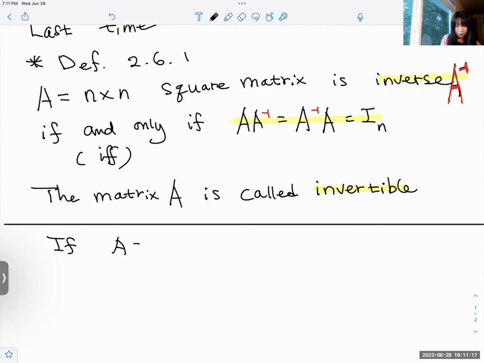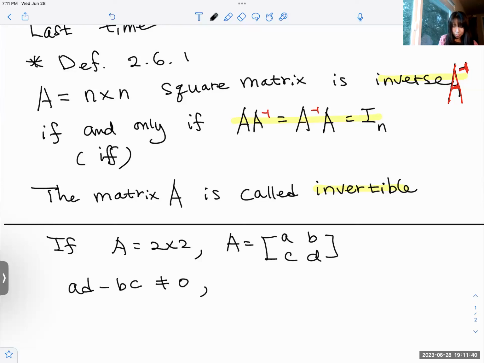If A is 2 by 2, and A equals [a, b; c, d], then if AD minus BC is not equal to 0, then A is invertible.